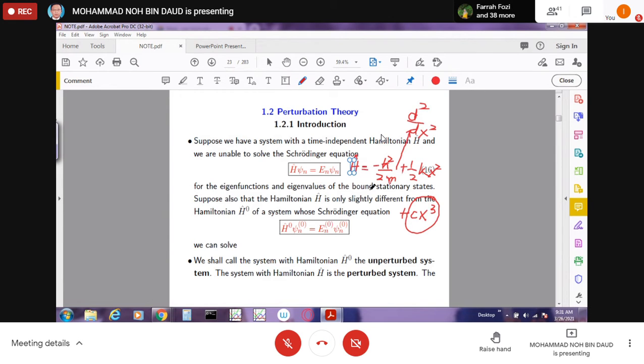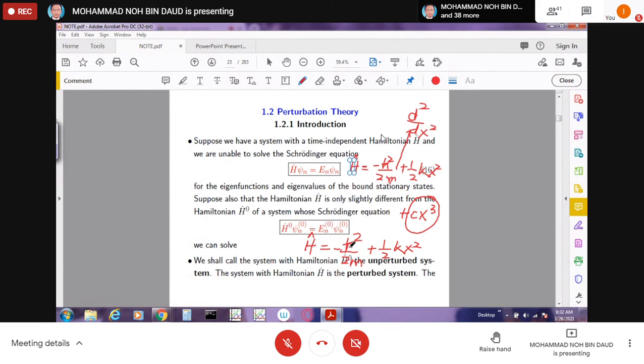The Hamiltonian here slightly differs from the solvable Schrödinger equation for the harmonic oscillator, which we know consists of only the quadratic potential. So the difference here is only the third term in this Hamiltonian operator.